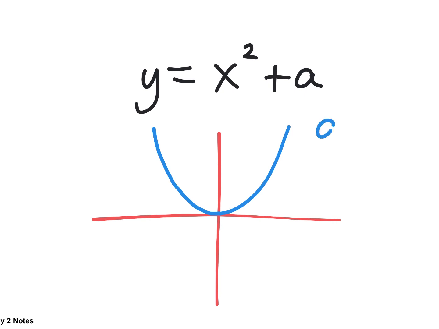What if they tell you a is bigger than or equal to 2? Would you agree that this thing just moved up? Yup, because if I put in a 2 there, it just moved up 2. But do you know exactly how far it moved? You could agree with the statement it moved up at least 2. So you start there, and you say, I think it moved up 2, so there's my parabola.